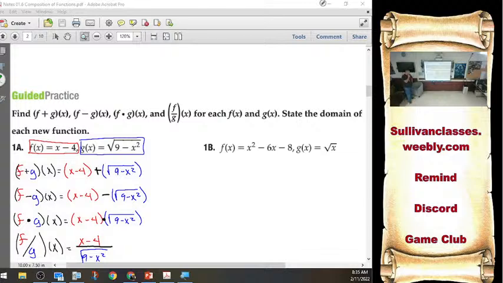Round 1: add, subtract, multiply, and divide them. Can't combine any terms, but did anyone catch that the correct way to write this was the radical and then minus 4? It's fine if you didn't, but why would that be prim and proper, James Bond in a tux, cufflinks, and everything?